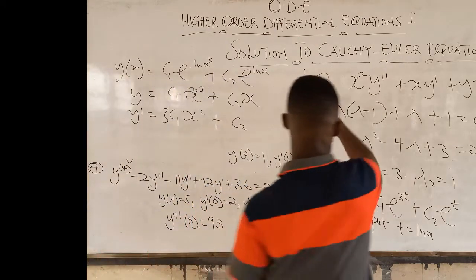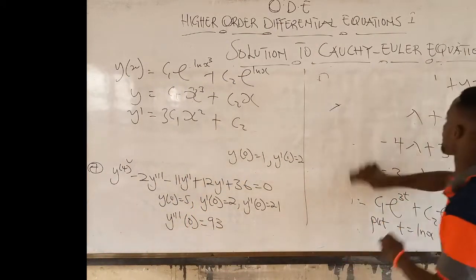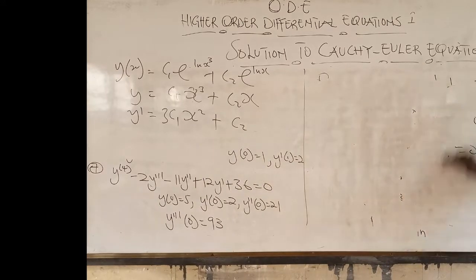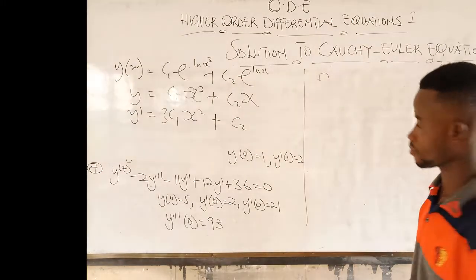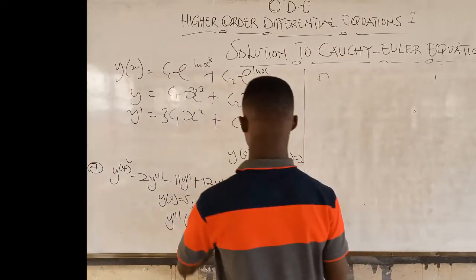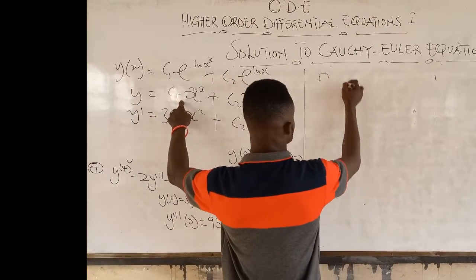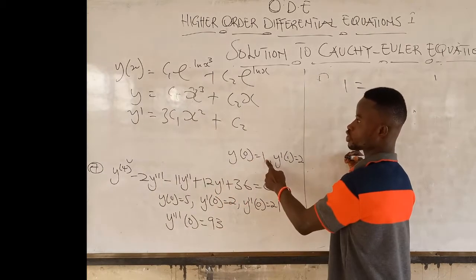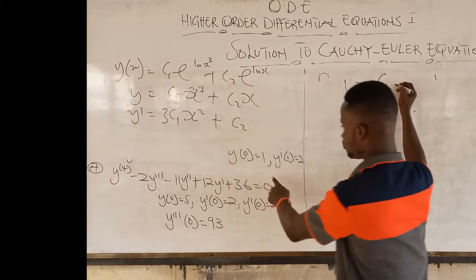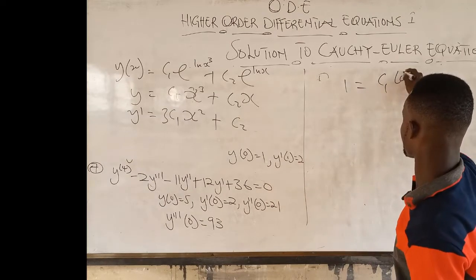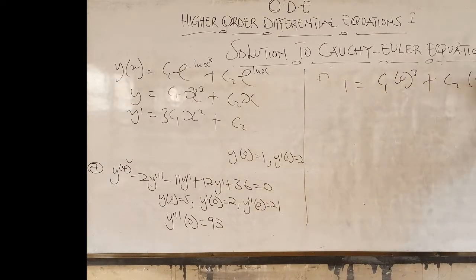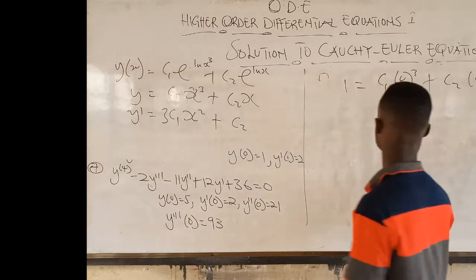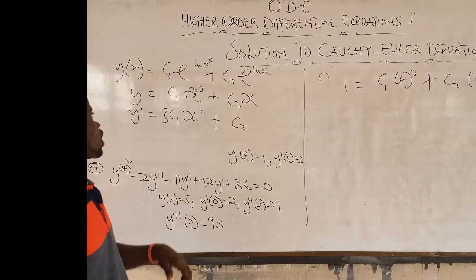Let me go and clean this slide. I just want to wrap up with this thing. So the function is equal to 1. This is 0. Alright.